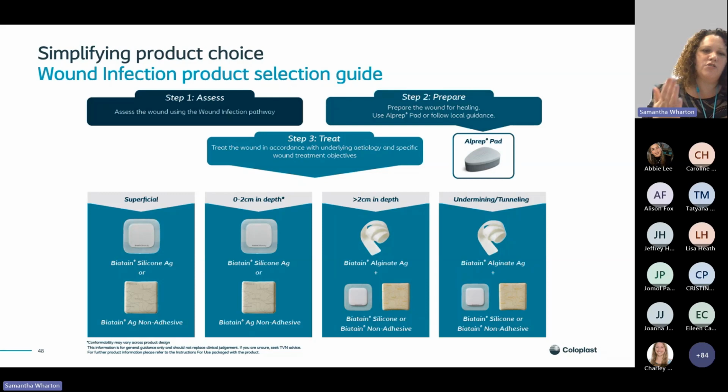So that dressing will conform down to 2 centimeters, ensuring that exudate pooling won't be an issue. It absorbs vertically. So again, by absorbing vertically, it'll be protecting that peri-wound skin, and it locks away that exudate, so you don't have to worry about that exudate going back into the wound and causing further infection.